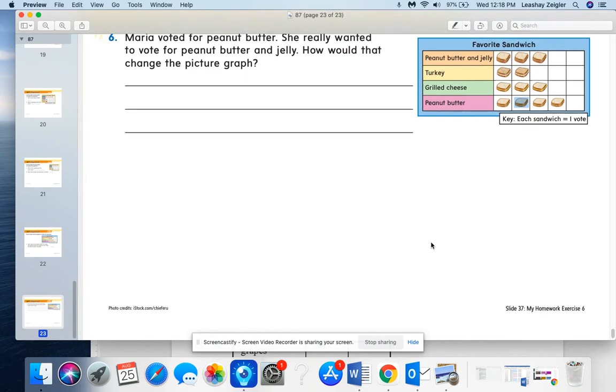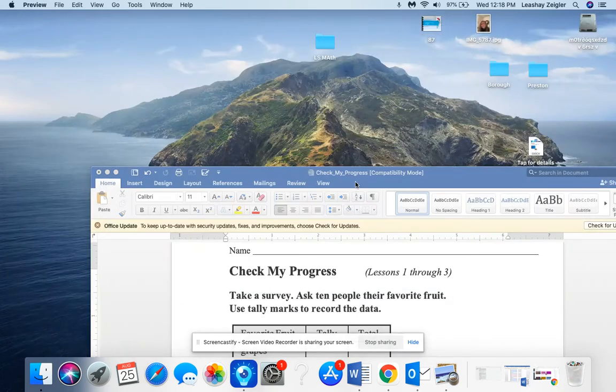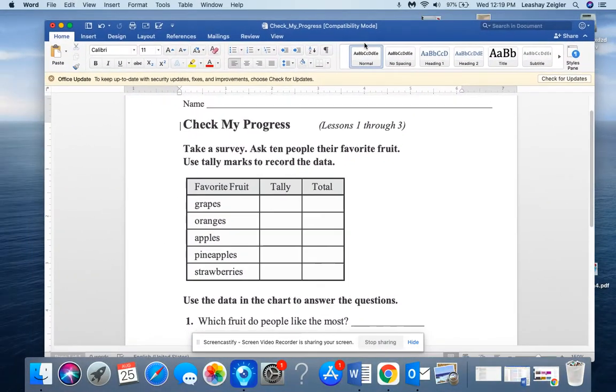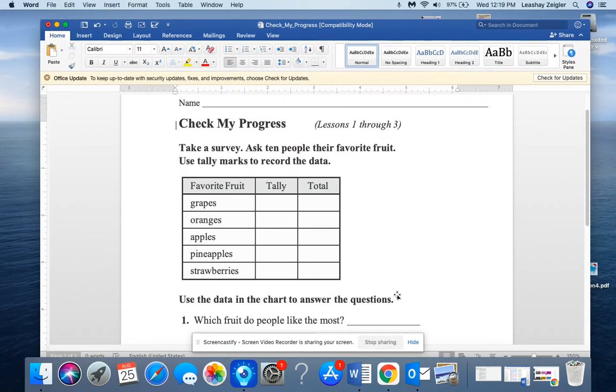Okay, that was your homework that was due to me this morning. I wanted to make sure that we went over that so that you understand it. The next thing we're going to do is check my progress. Checking my progress is in your book, on page 547.